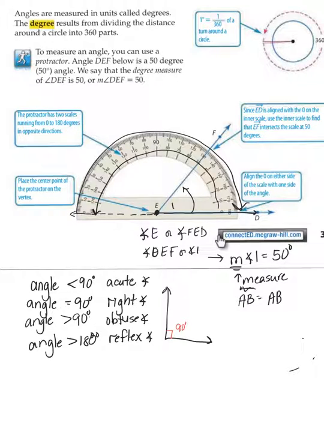And we will just refer to it every now and again because of a specific angle that we'll see. Okay? So I believe you know acute, right, and obtuse, but that reflex may be a new word for you. So keep that in mind.